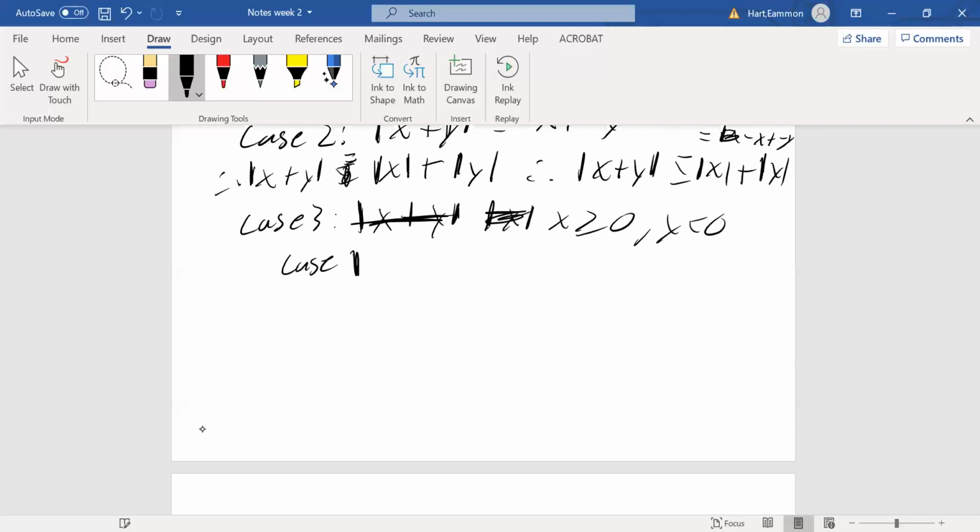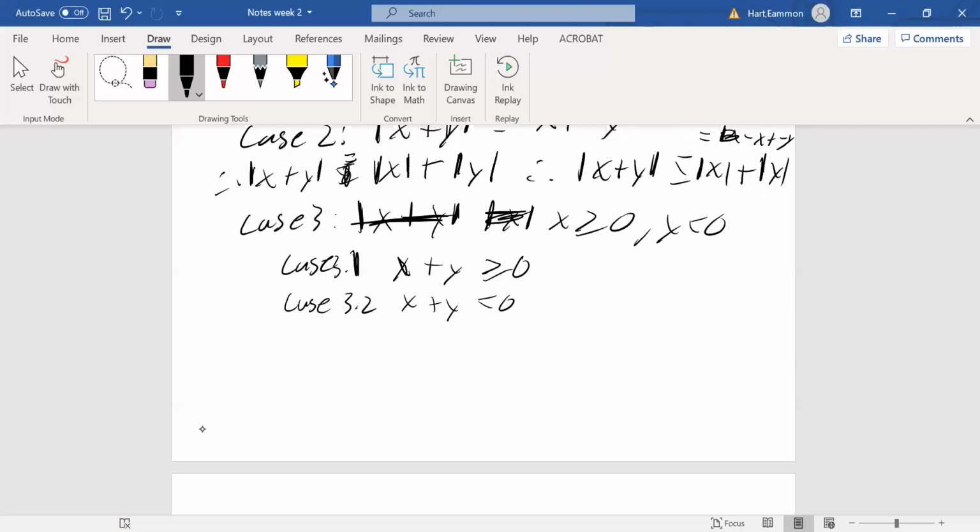Case 3.1, x plus y is greater than or equal to 0. And then the other, case 3.2, x plus y is less than 0.